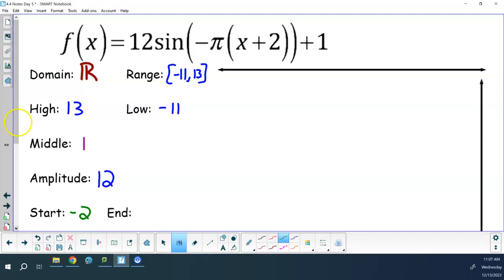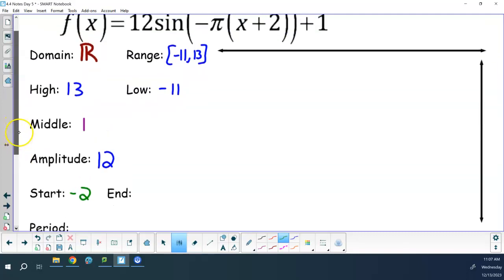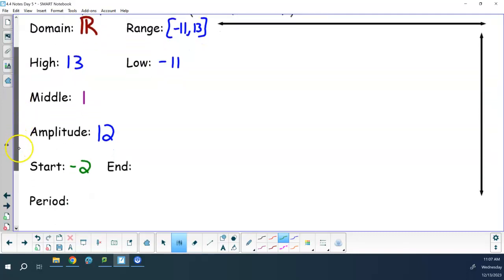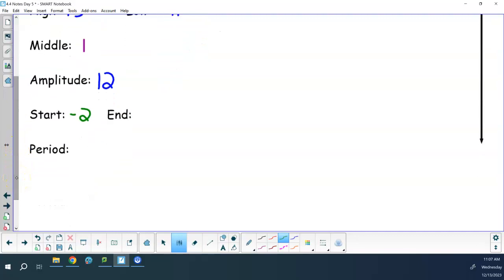What is my period? 2, because it's going to be 2 pi divided by pi, right? So if it starts at -2, where does it end? Ends at 0.